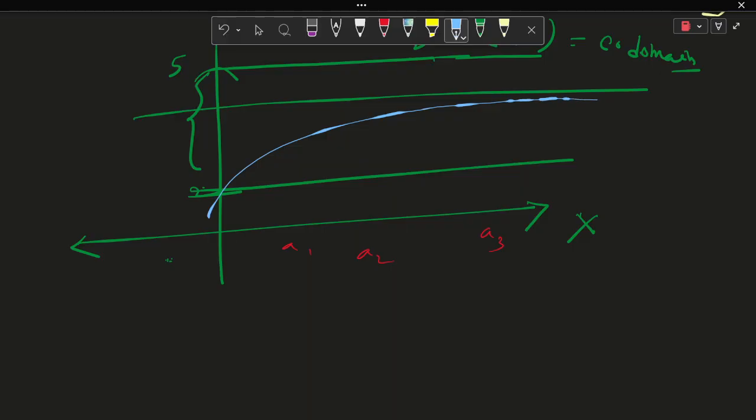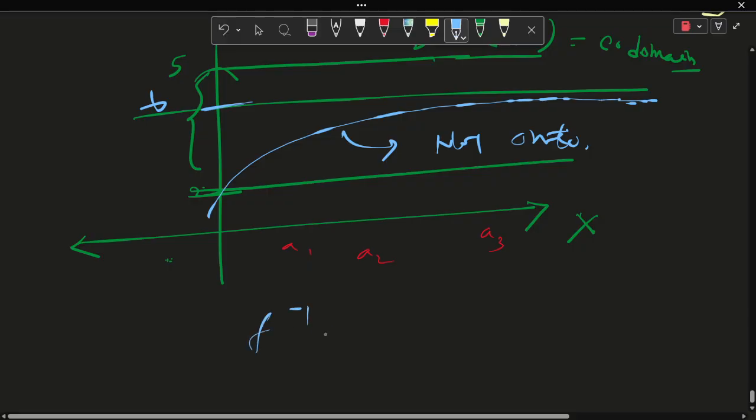They do not touch or intersect. So this curve is not onto, because this is a point B. So the inverse image of B does not exist.